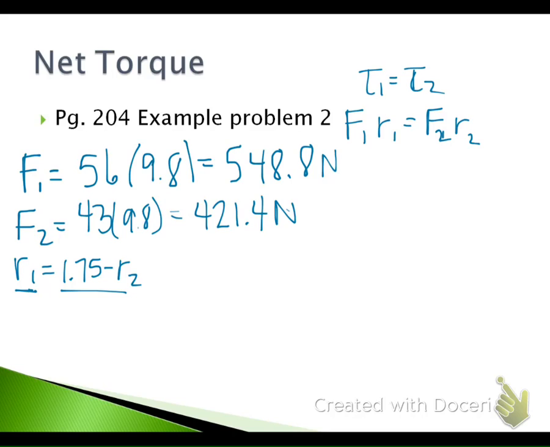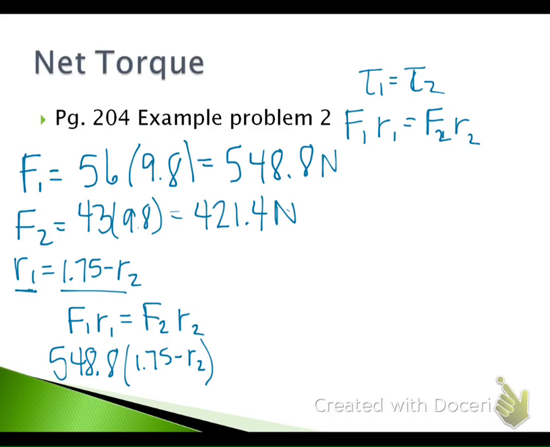So let's start plugging in our equations here. F sub 1 times R sub 1 equals F sub 2 times R sub 2. Our F1 we know is 548.8 times R sub 1, which we know equals 1.75 minus R sub 2. That's where our substitution came in.